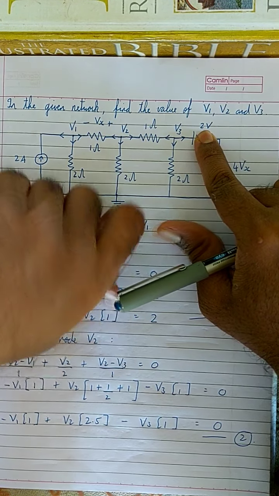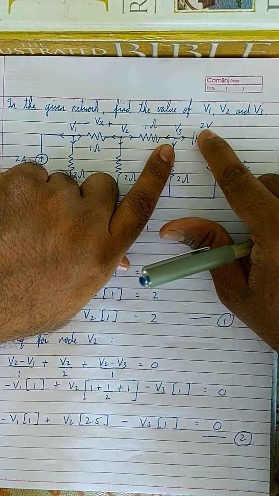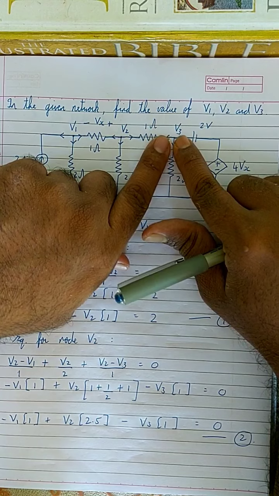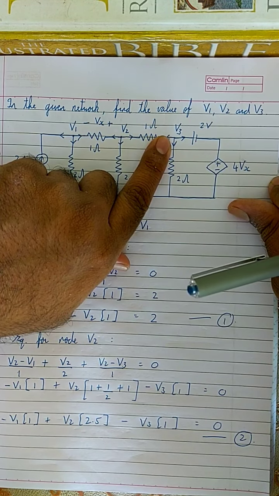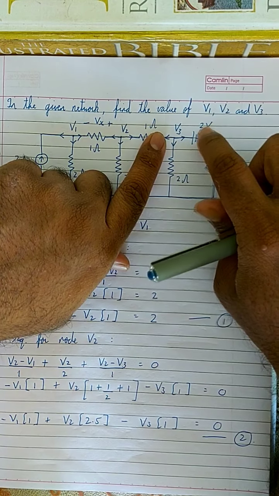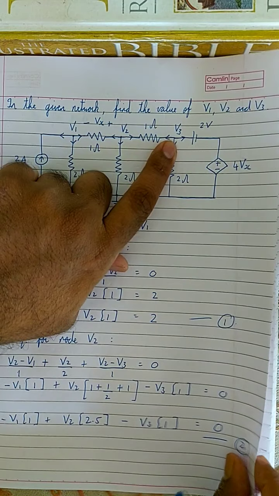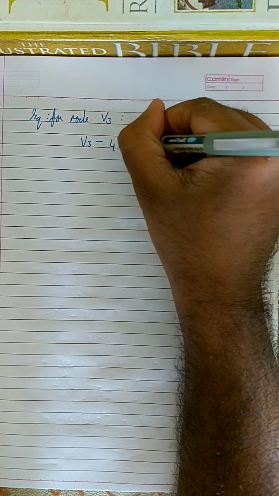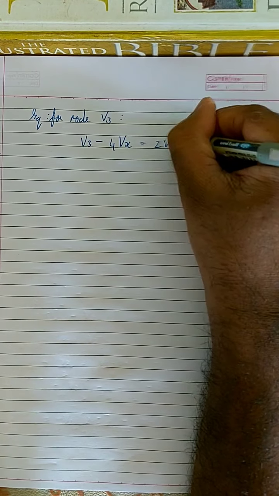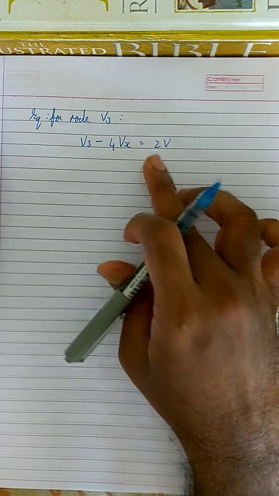Or in other words, V3 minus 4Vx is equal to 2 volt, because the potential difference between V3 and 4Vx is 2 volt. That's it.